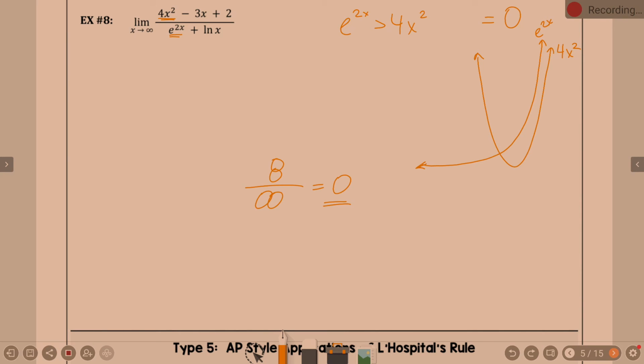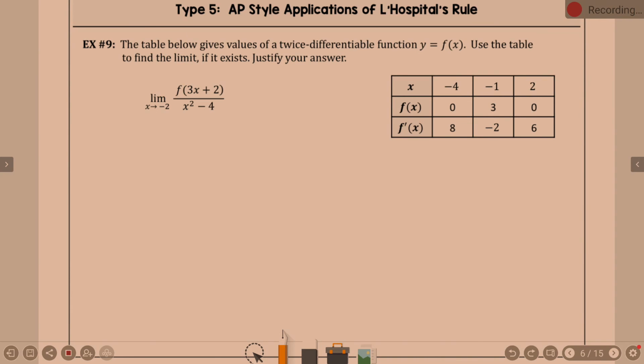So, if we look at this as is, I'm going to find these limits individually because of the lesson we're in. If we find the limit of the top, realize it's f of 3x plus 2, right? So that means you're putting negative 2 in for x.